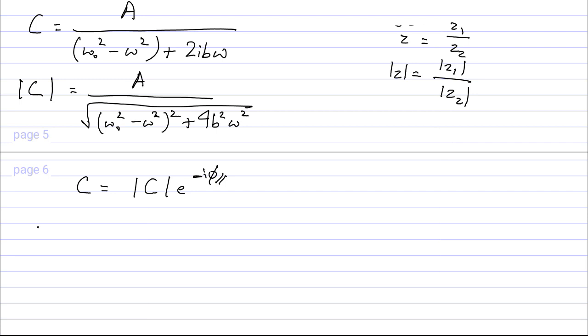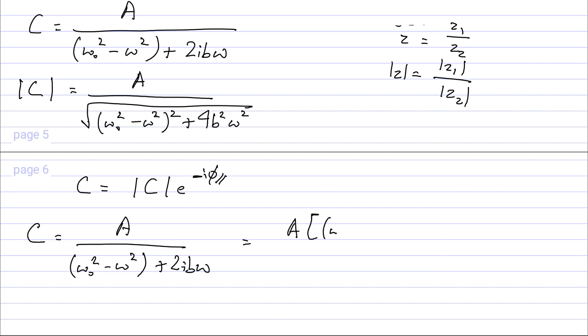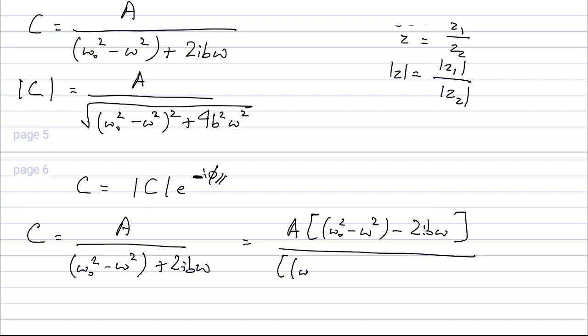So C is given by A over omega naught squared minus omega squared plus 2ib omega. So I can write this as A times omega naught squared minus omega squared minus 2ib omega, over omega naught squared minus omega squared plus 2ib omega times omega naught squared minus omega squared minus 2ib omega.